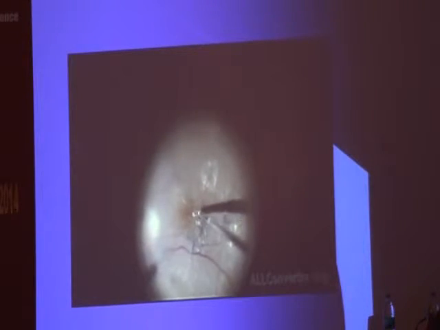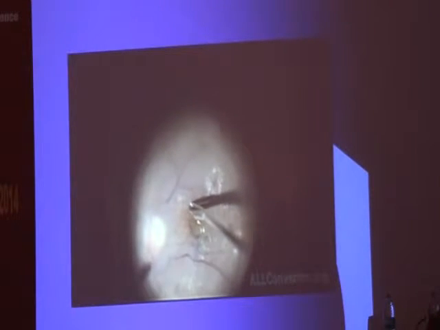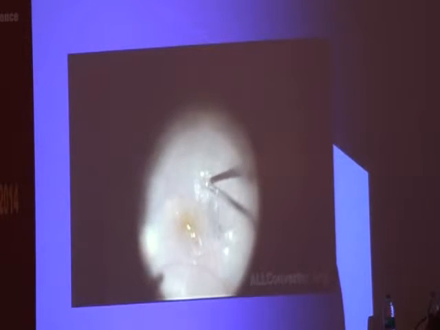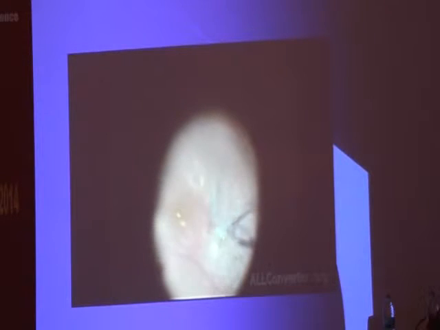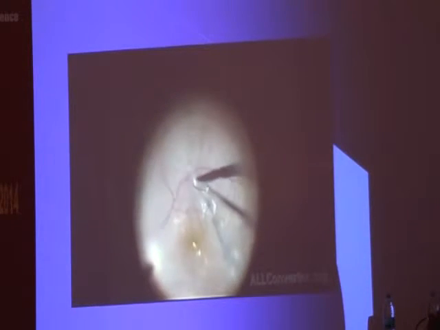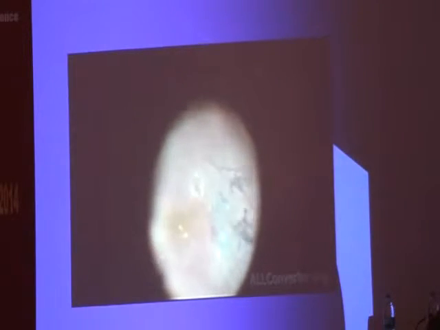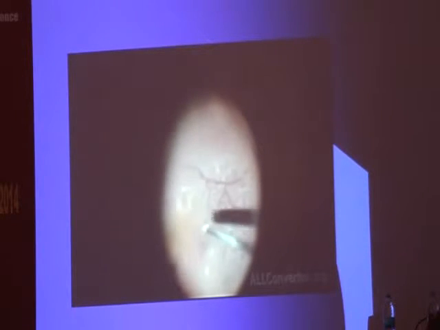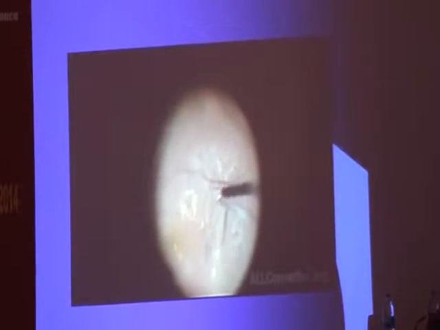So once you remove the ERM, in such a situation, I usually don't prefer to remove ILM. There are reasons for that, which I'll briefly touch upon. And so you remove this, and if everything is fine, you can just leave it at that. You don't need any kind of a tamponade, or you need nothing in such a situation.